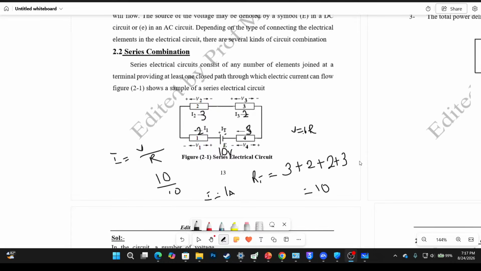Okay, so now let's take it all again. When we say resistors are in series, the ends of the resistors are connected together without any component in between them or any junction.